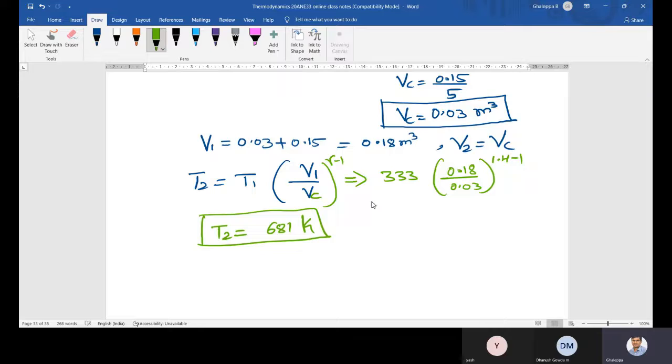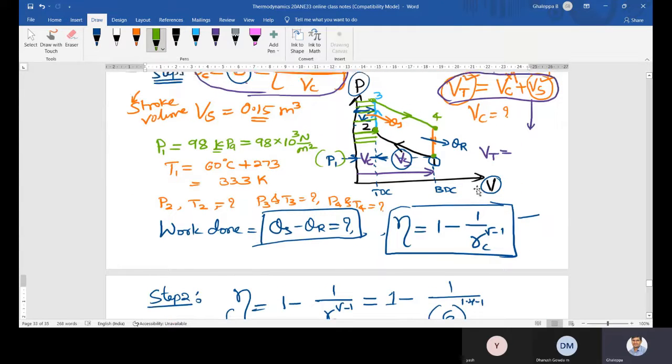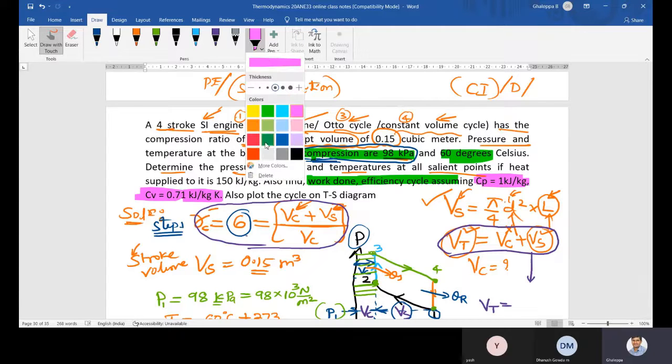Okay. So T1 you have calculated. T1 is given in the numerical. Using T1 you have calculated T2. Now you need to calculate T3. Is there any data given related to T3? Yes, one more data is given. Okay, look at this data.